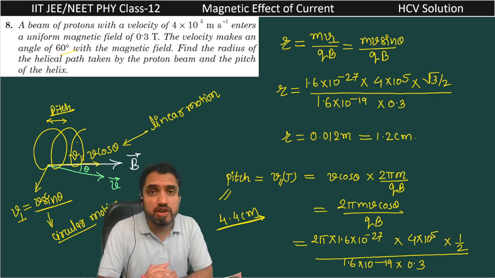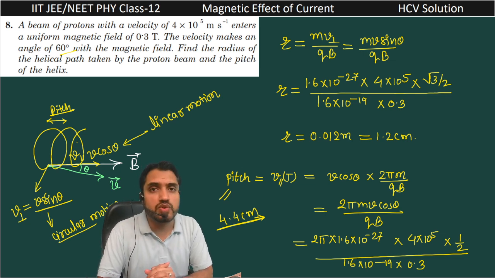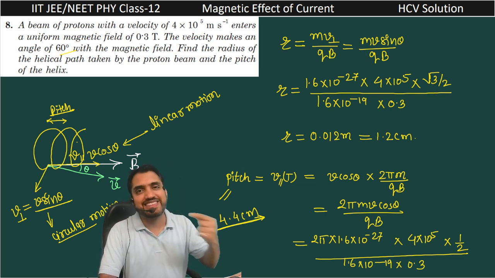The component of velocity which is perpendicular to the magnetic field will perform circular motion, and the velocity component which is parallel to the magnetic field is not responsible for any kind of circular motion. It will provide the linear motion, so the particle will move on a helical path. Thank you very much.